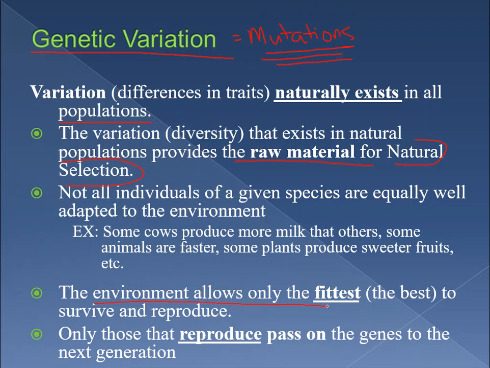We'll talk more about it: it's not necessarily the fittest or the best. You don't have to be the absolute best at something. You don't have to be the squirrel with the bushiest tail. You just have to have a decent enough tail and a decent enough coat of fur to make it through the winter. So that's why we call it survival of the good enough. Bill Nye is actually one of the people who pioneered using that term, and I think it makes a lot of sense.